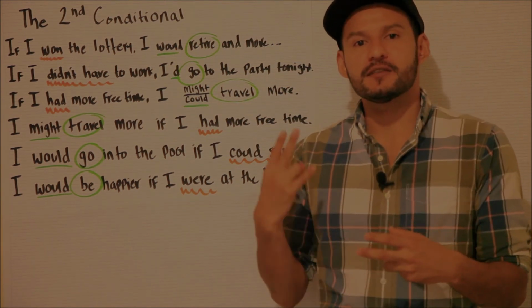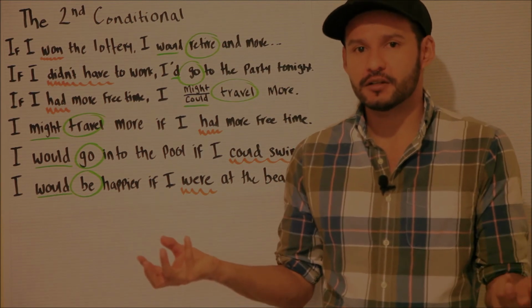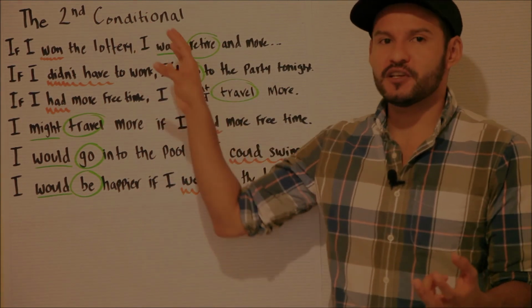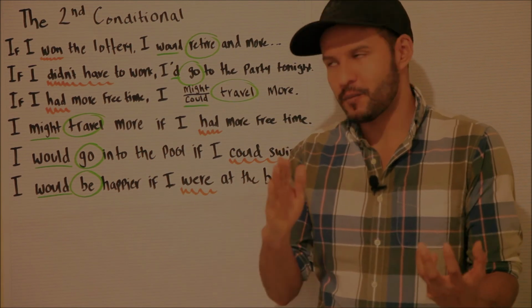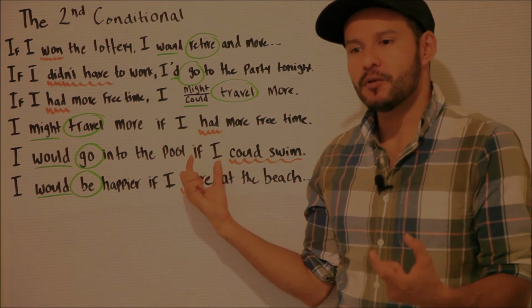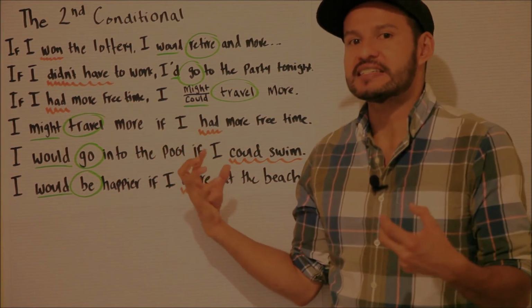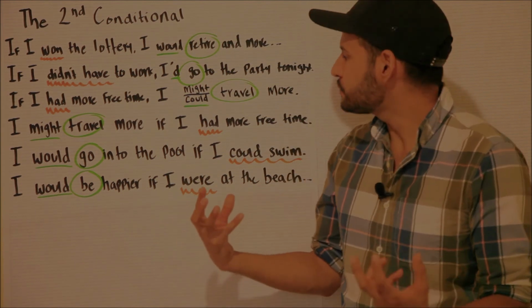So the verb to be has two forms in the simple past, was or were, depending on the subject. For this particular structure to express something that is unreal, and remember, all of these situations are in the present, the simple past form of the verb is simply expressing that the situation is unreal.